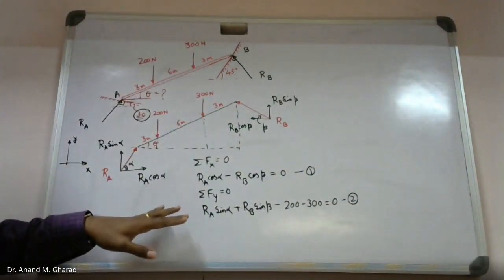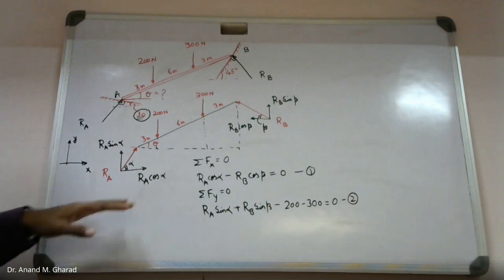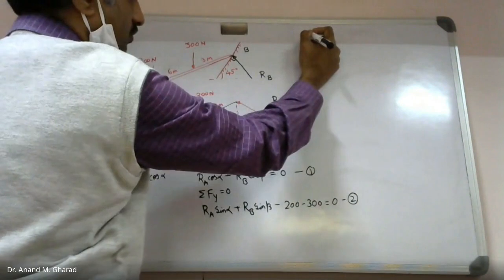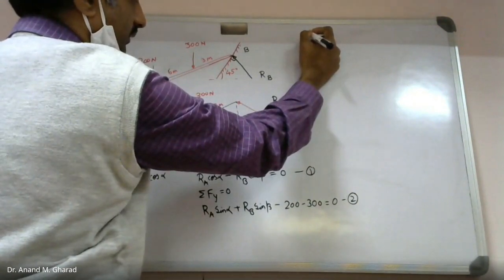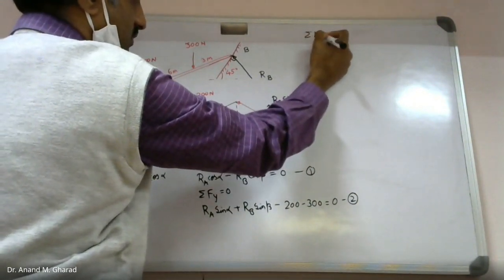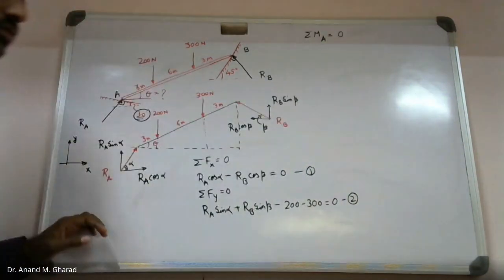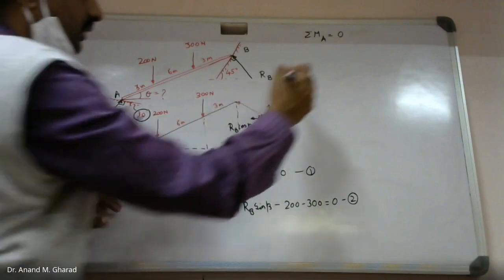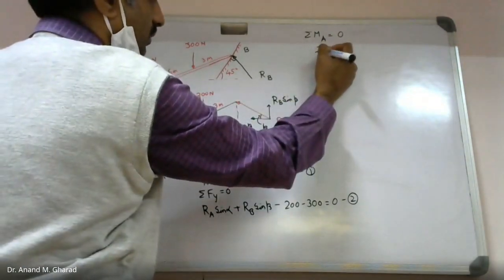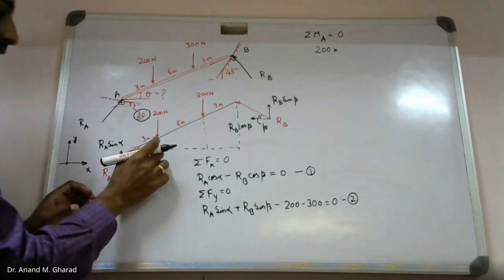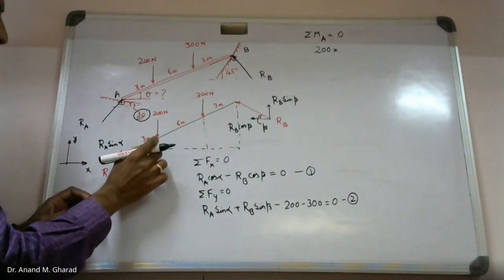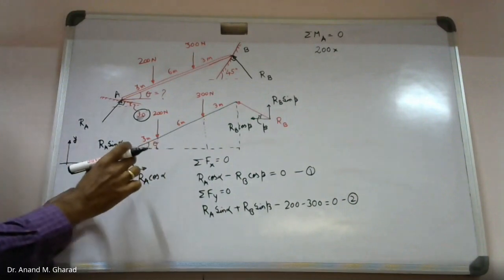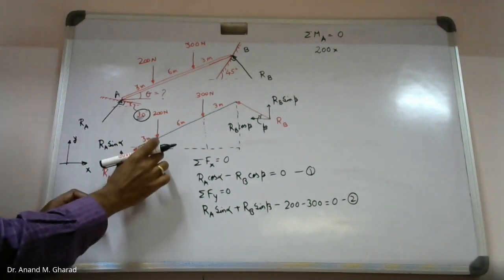These are framed. Now the next is finding out the third equation, that is taking moment. You can take moment about any point. Let's say summation of moment about point A equal to 0. How many forces? 200. So this will be 200 into, with my understanding, I am writing down the value. You can verify that later on, because you people are not responding to what I am asking.